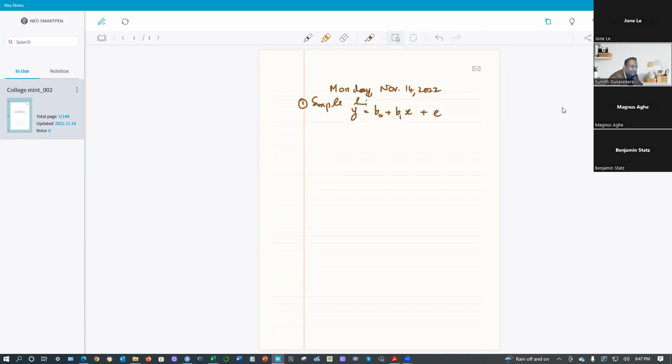Simple means what? Only one explanatory variable. Explanatory means x variable. Only one, simple regression.